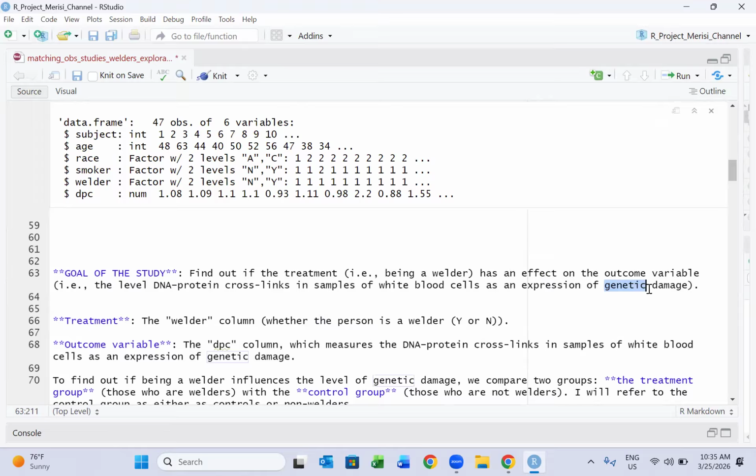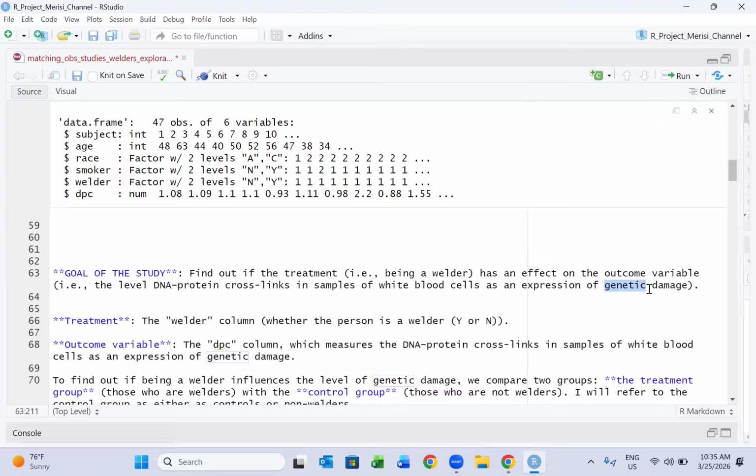So we need to address that imbalance in age. If we want to compare welders and non-welders with respect to genetic damage, we need to address that imbalance in age. And that's what I'm going to do in video two. In video two, I will match the 21 welders with 21 non-welders, and I'm going to try that both groups do not exhibit any imbalance in age, and obviously they should not exhibit any imbalance for the other two covariates either.